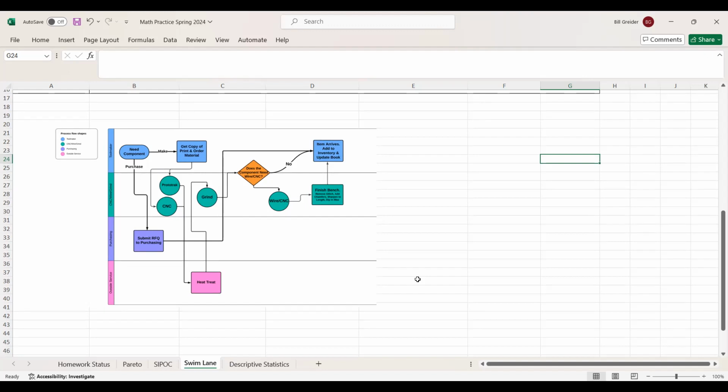You have to get a copy of the print, order. We go through the machines we have in-house. That's ProtoTrack, CNC. Then they'll dip to the other swim lane, which is outside service. That's heat treat. They come back for grind. And then there's a decision spot, whether or not that needs additional processes after grind. It'll go either to CNC again, or just be complete and added to inventory.